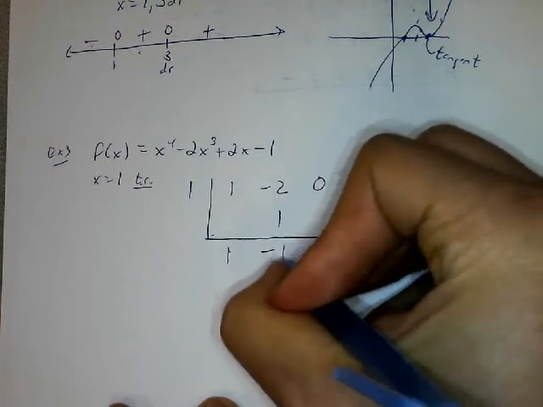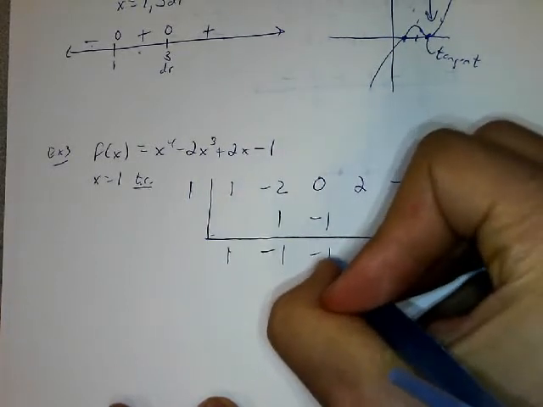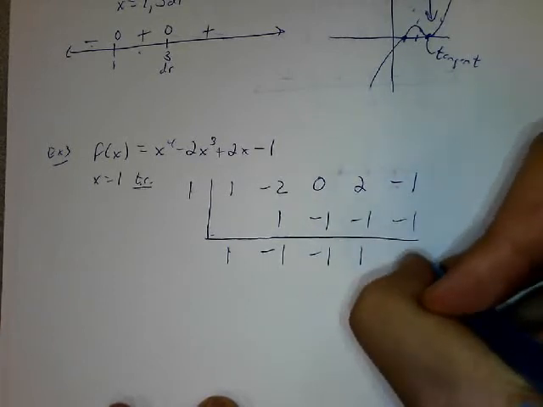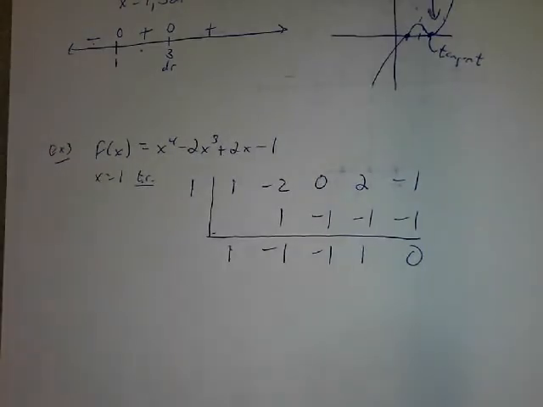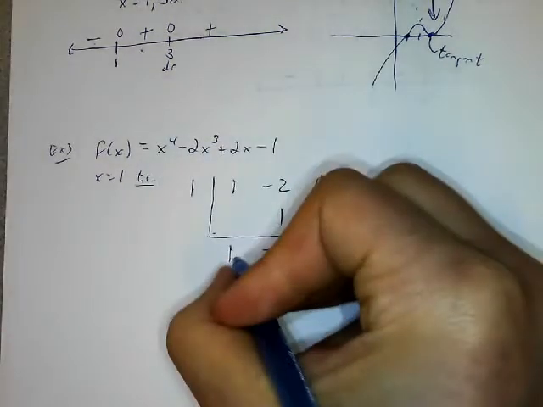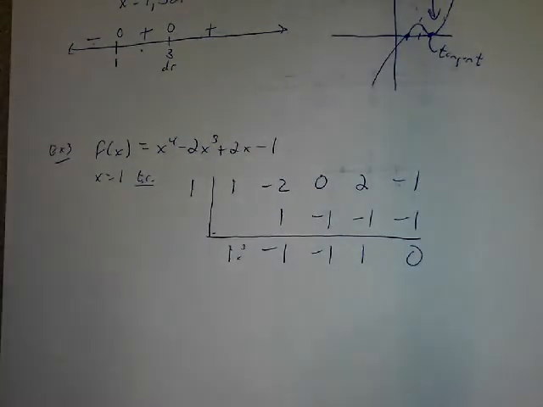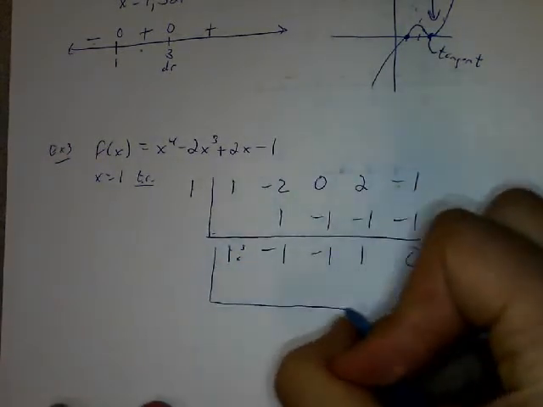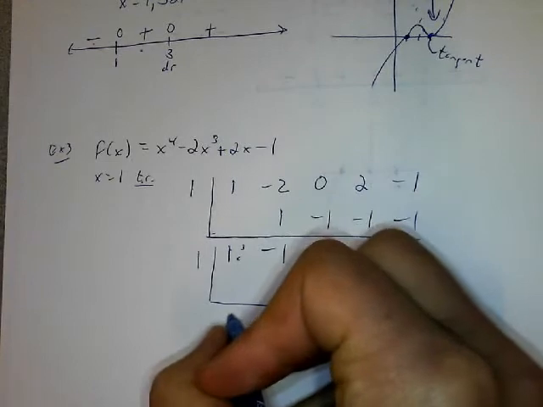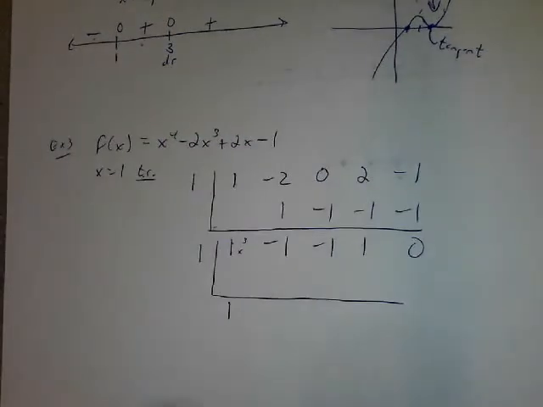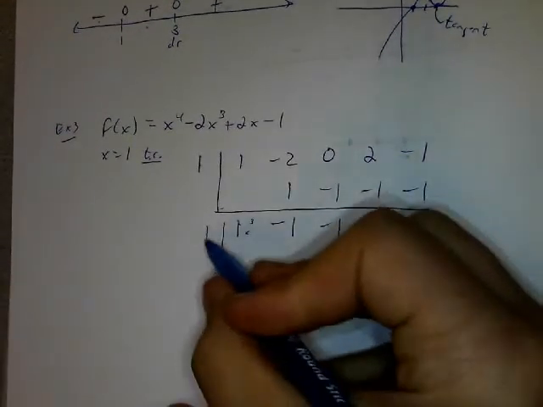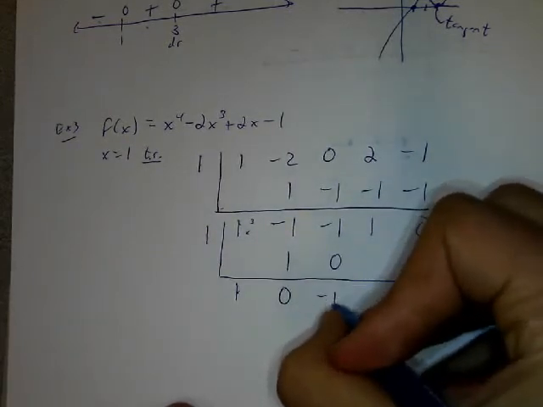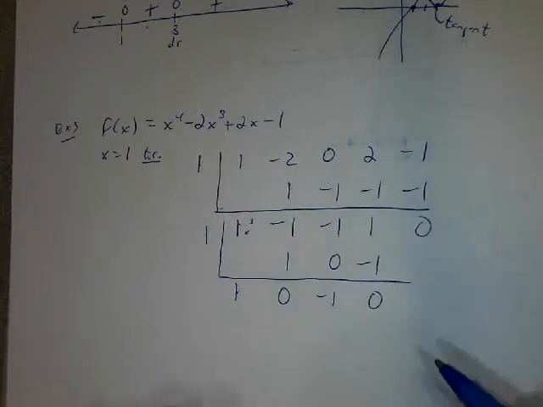1 times 1 is 1. Negative 1, negative 1, negative 1, negative 1, 1, negative 1, 0. Notice this would mean this is x cubed. We still might not be able to factor it, but if I told you it's a triple root, we can just do it again. What you're doing now is basically just factoring it using synthetic division multiple times. 1 times 1 is 1, 0, 0, negative 1, negative 1, 0.